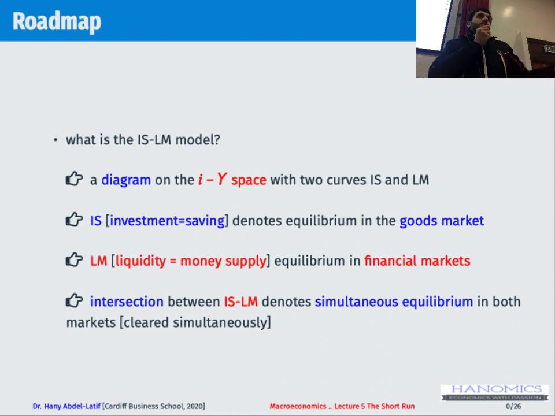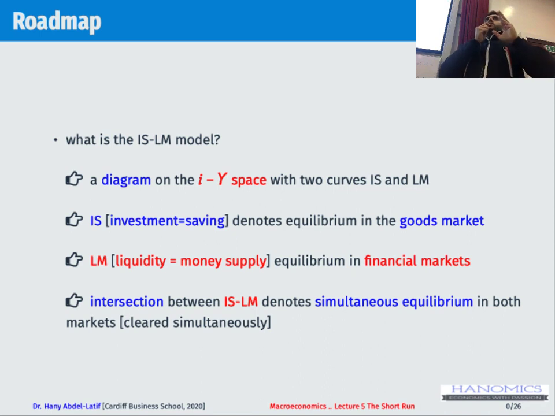We said there's an alternative way of thinking about how equilibrium happens. Remember, the equilibrium condition in the goods market is when demand equals production. We assume no inventories. That means firms hold no inventories, so for equilibrium to happen, production needs to be equal to demand.